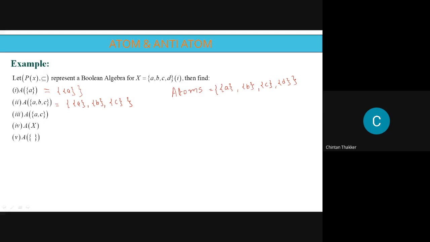So A of phi is phi. Remember, always for the zero element, A of the zero element is the null set. So we have phi. Either you have to write it this way or this. Don't write this. This is not phi. This is singleton phi.